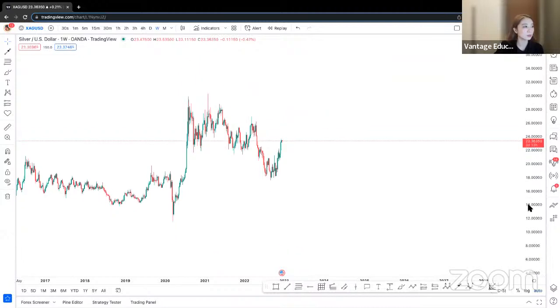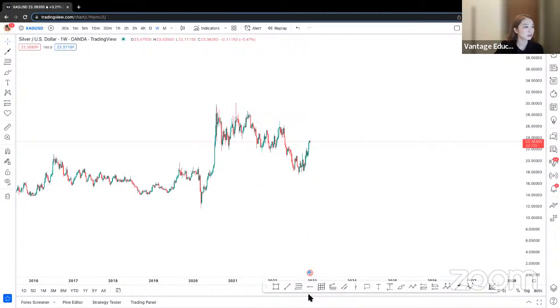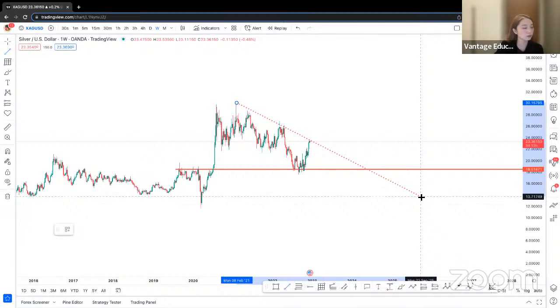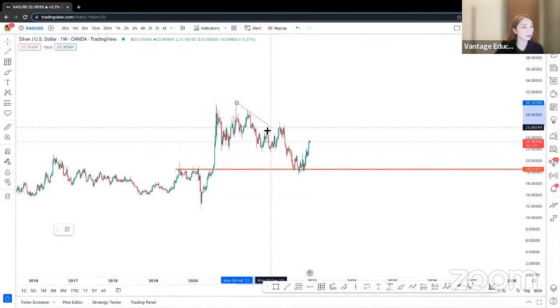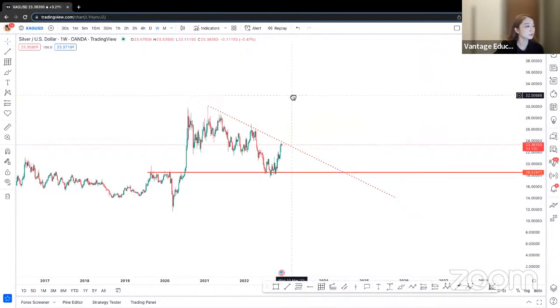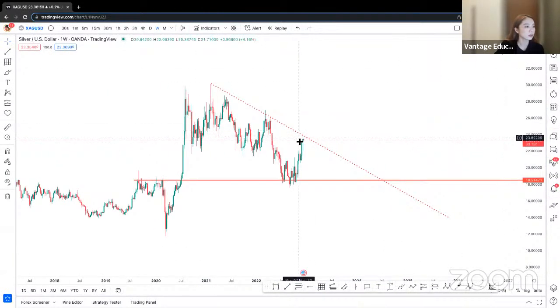on the weekly movement. There's a resistance and support. We are also looking right now at a downward moving trend line. Looks like price has been going up for a while. Looks like it's going to hit the resistance and come back down.